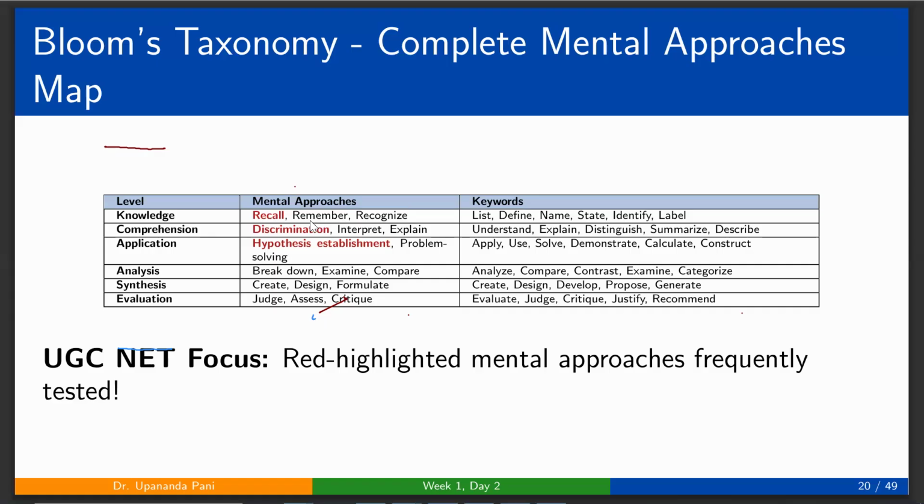If you are going to ask a question like recall, remember, recognize, then discrimination, interpret, explain. Hypothesis establishment refers to the application level, the problem solving part. Analysis is breakdown, examine, compare. Synthesis is create, design, formulate. Evaluation is judge, assess and critique.